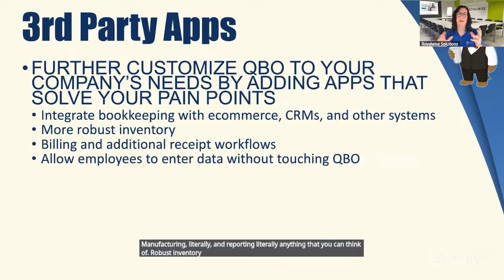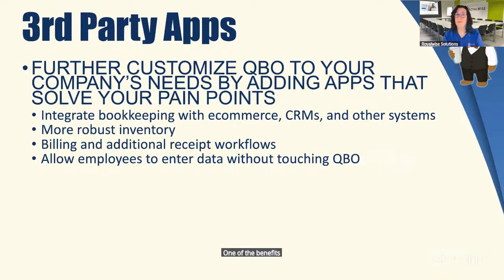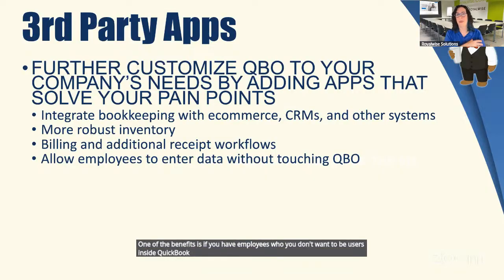And then those apps, you can sometimes do the work in those apps and it imports into your QuickBooks Online, or you're working on your QuickBooks Online and then the information exports out to the app so that you can do more with that information. One of the benefits is if you have employees who you don't want to be users inside QuickBooks Online, they can do their work in the third-party app.